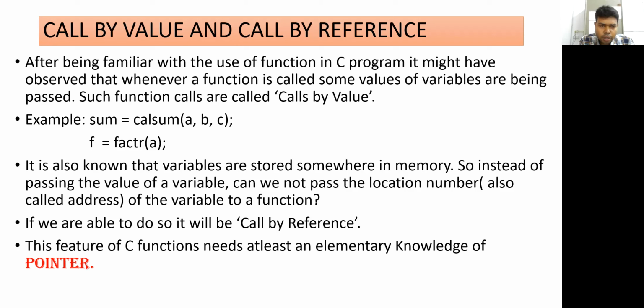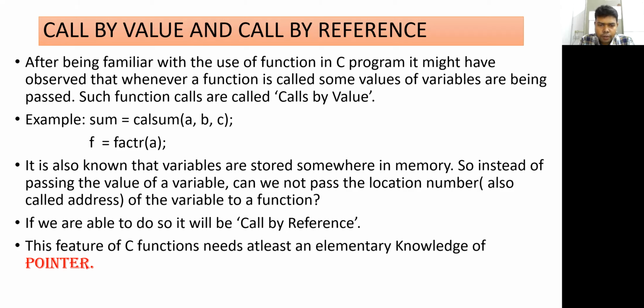Now there was a problem. What was the problem? We have already pointed out that using the return statement from a called function, we can return only a single value. So if in some program we require to return more than one value from the called function to the calling function, then it is not possible using the return instruction.